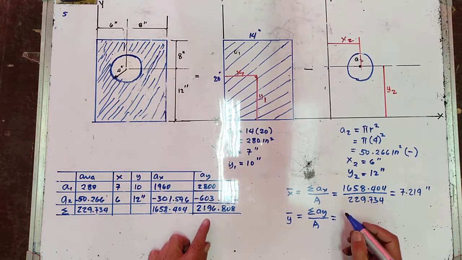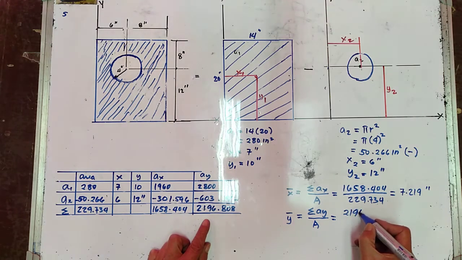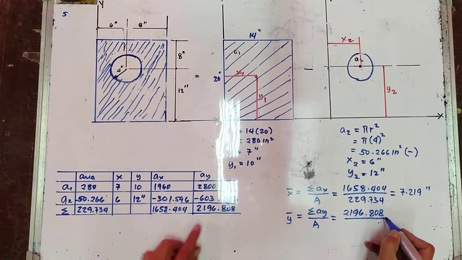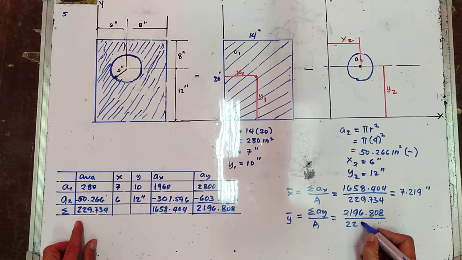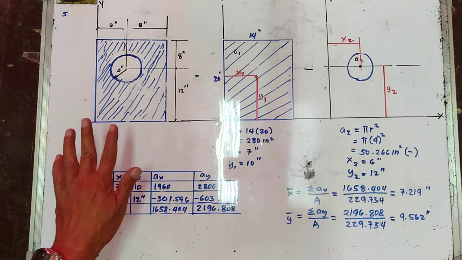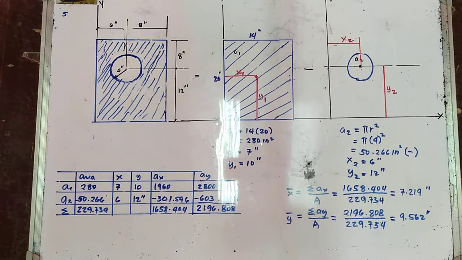So this is 2196.808 divided by the total area 229.734, and this is equal to 9.562 inches.